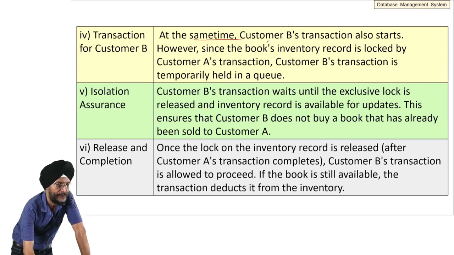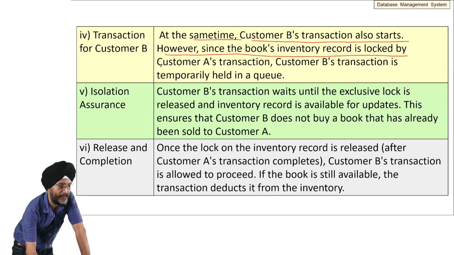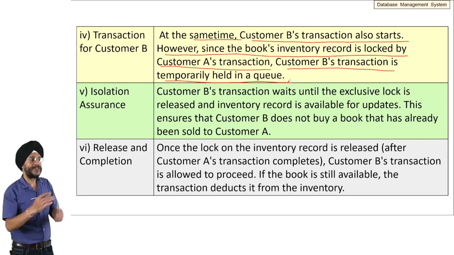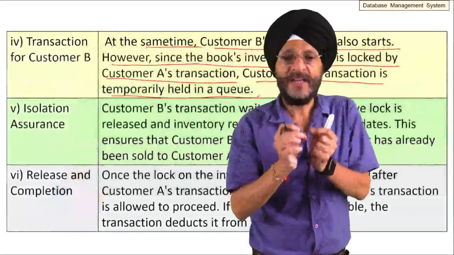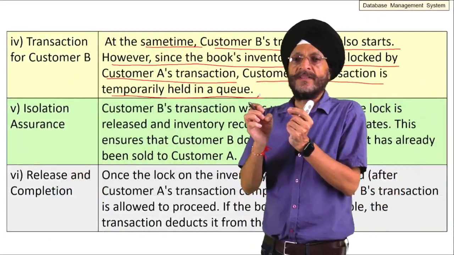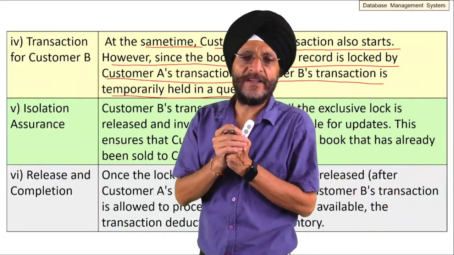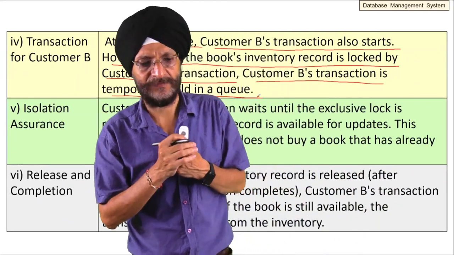At the same time, customer B's transaction also starts. However, since the book's inventory record is locked by customer A's transaction, customer B's transaction is temporarily held in a queue, because customer A's transaction has started slightly ahead in time, say by milliseconds.